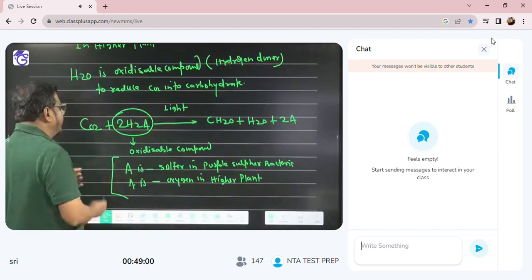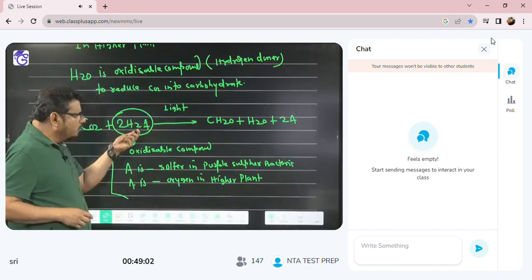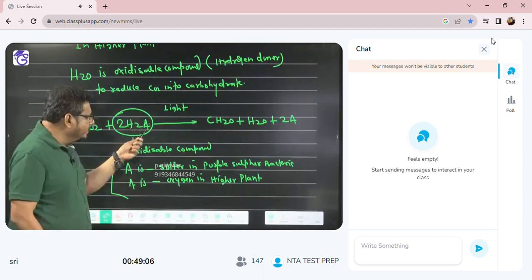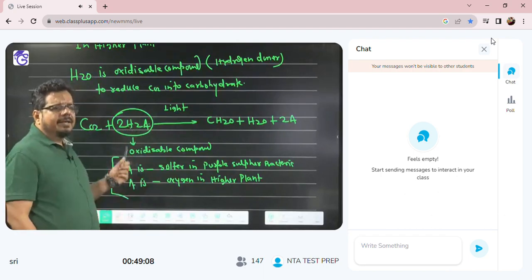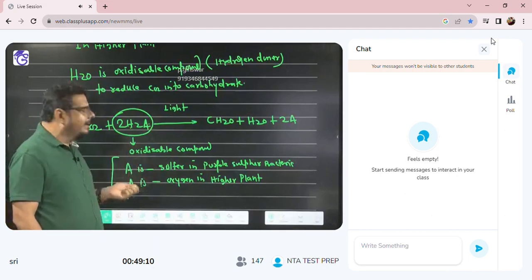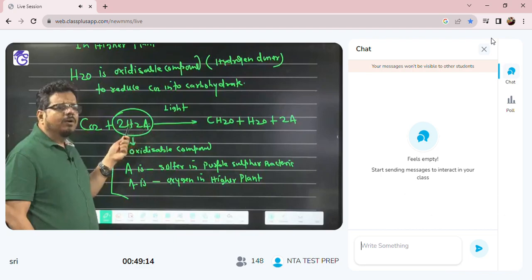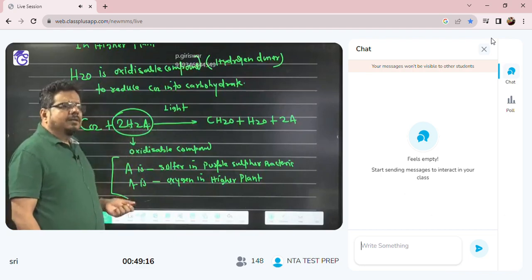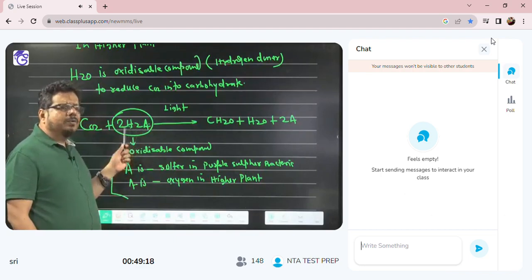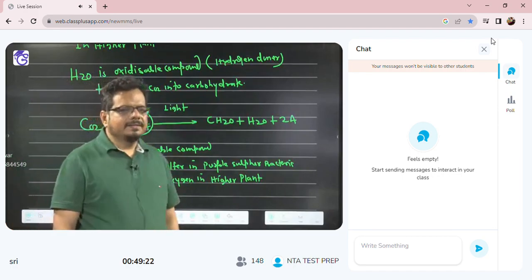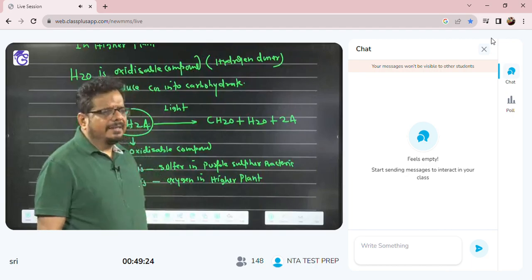So higher plant is taking H2O. Sulfur bacteria taking H2S. That's the reason I wrote A is sulfur in purple bacteria and A is oxygen in higher plant. So H2O or H2S. Source of hydrogen is hydrogen sulfide in which one? Got the idea? Is it clear in the mind?